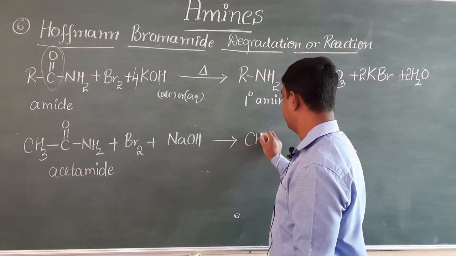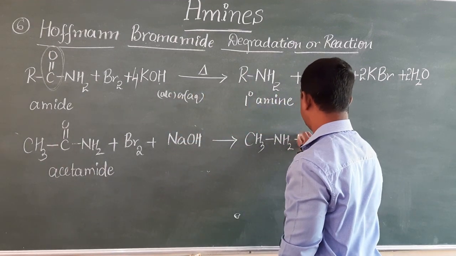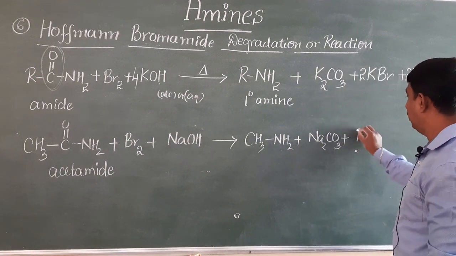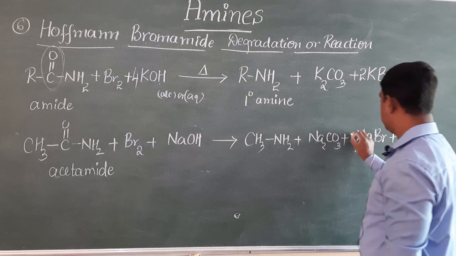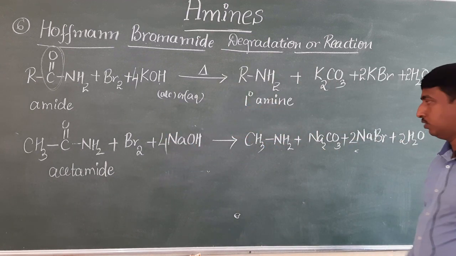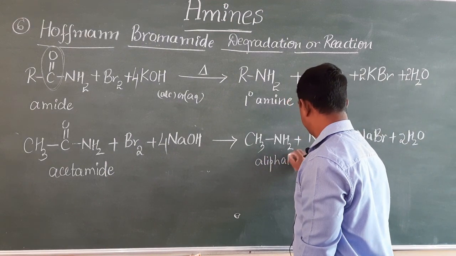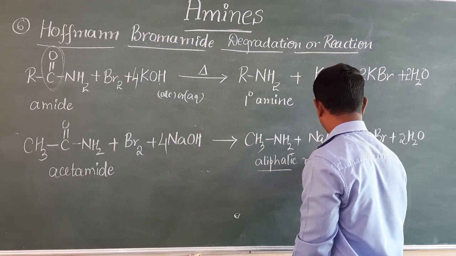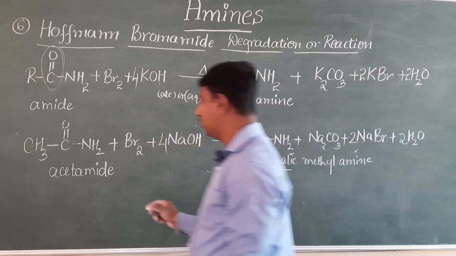We remove this CO and get CH3NH2, with CO removed as sodium carbonate, along with sodium bromide and water: 2 NaBr, 4 NaOH, 2 H2O. This is an aliphatic amine, methylamine.